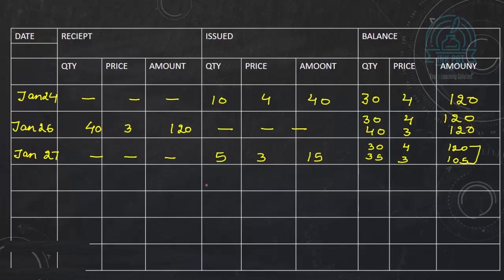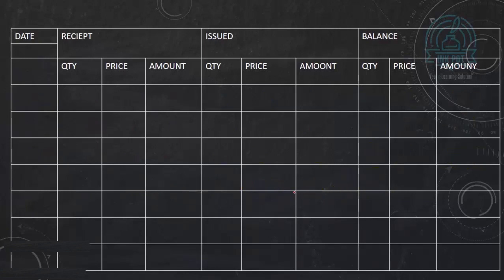So we will write here closing stock is equal to 65 units, the total is 225. So this is the LIFO method. We are using the last price for issuing the stock. Now we will do the same question as per the weighted average price method.